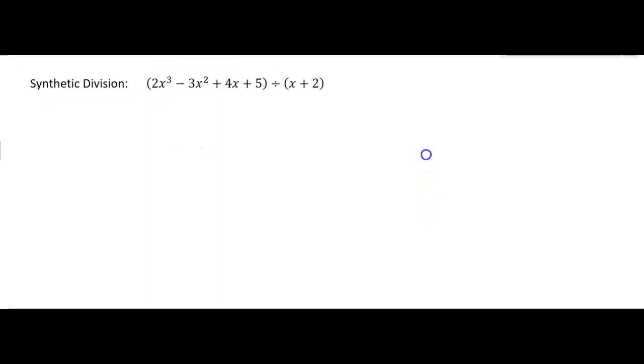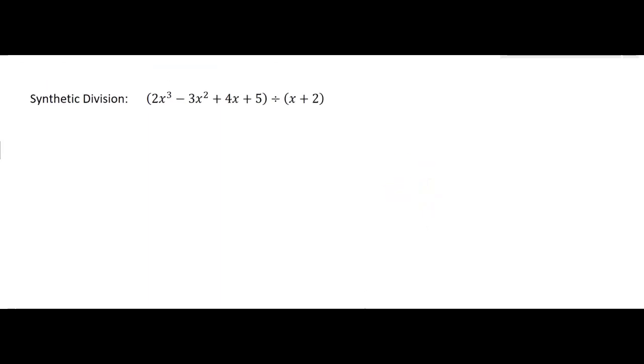All right. So you see that we have the dividend here and the divisor. Now, here's the bad news on synthetic division after I said all those nice things. It only works if you have a linear divisor.